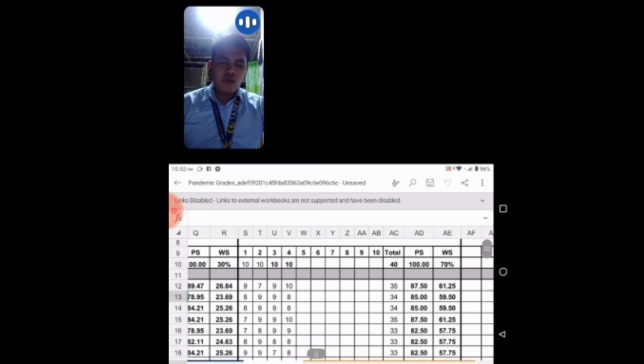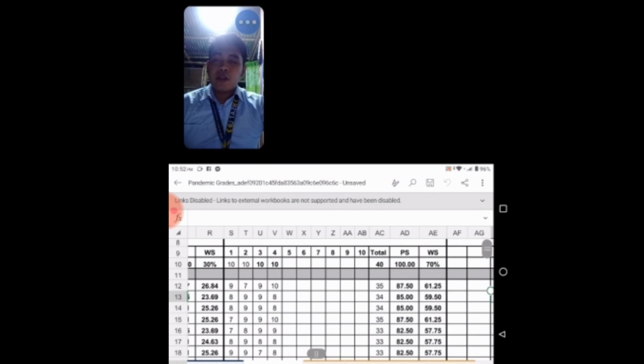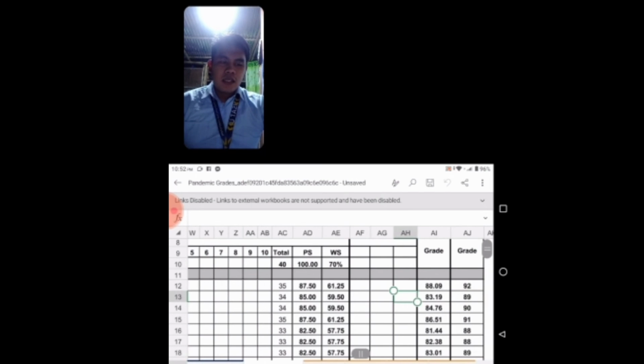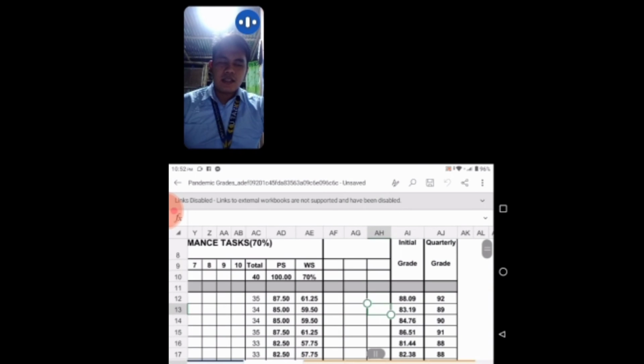Okay, I will show you the transmutation table that I'm talking about. This is the transmutation table, which is here.